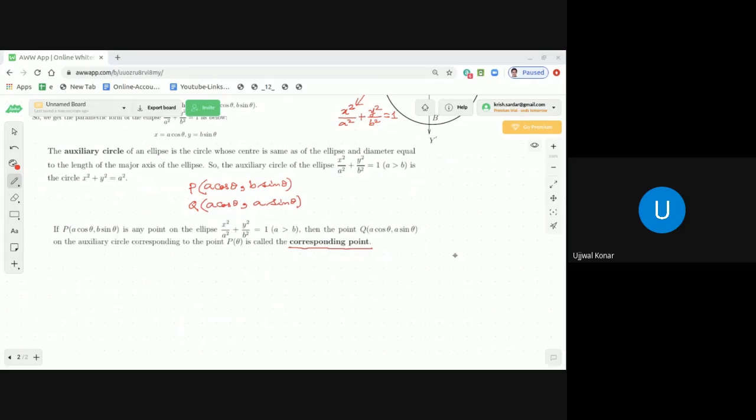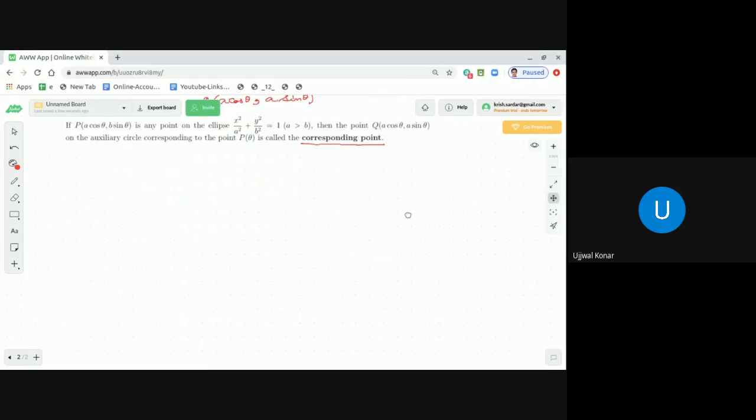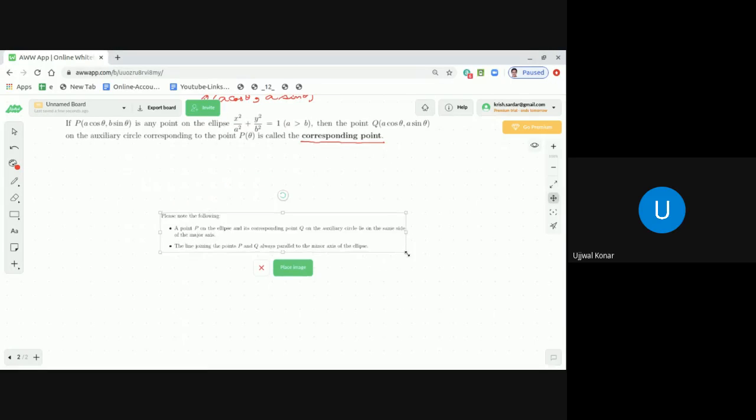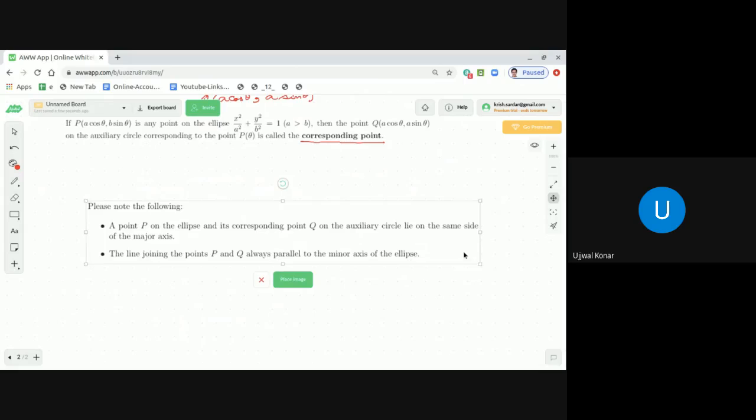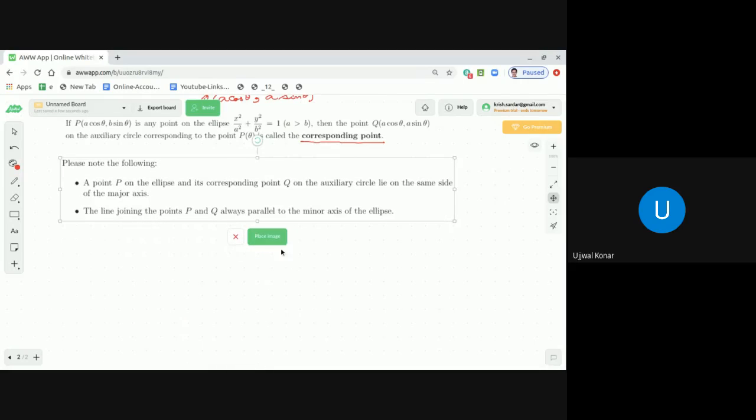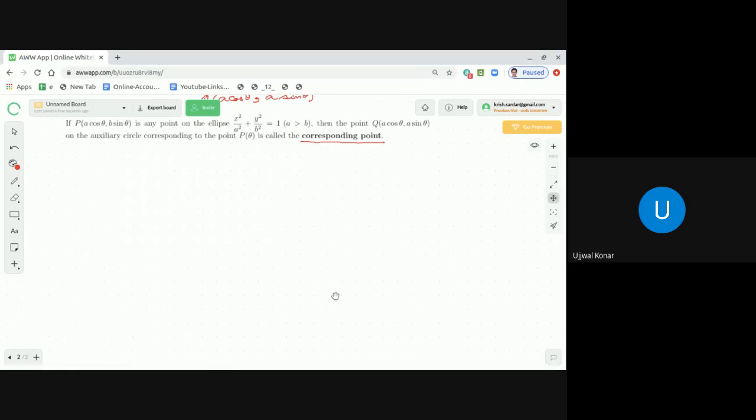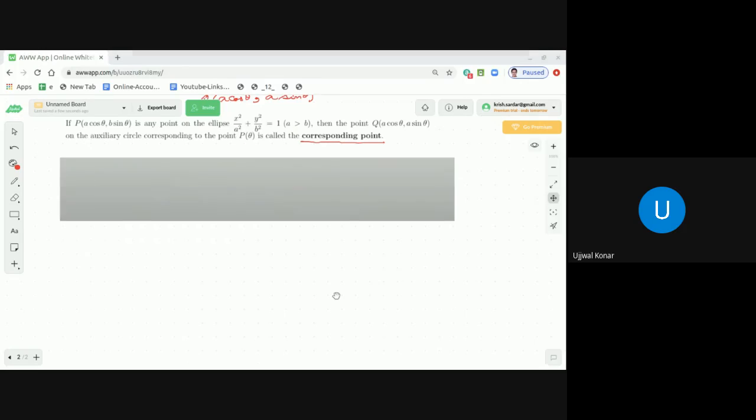Now, here I would like to mention two points, and it is very important to know about these two points. The first point is that a point P on the ellipse and the corresponding point Q on the auxiliary circle lie on the same side of the major axis.